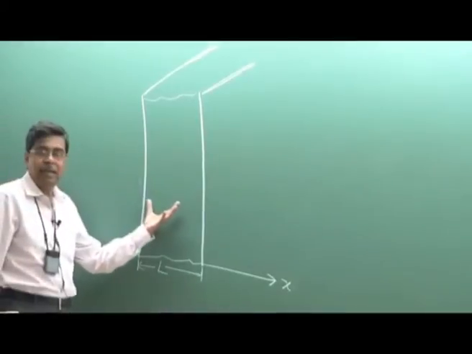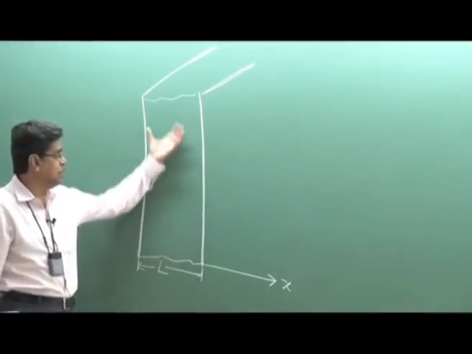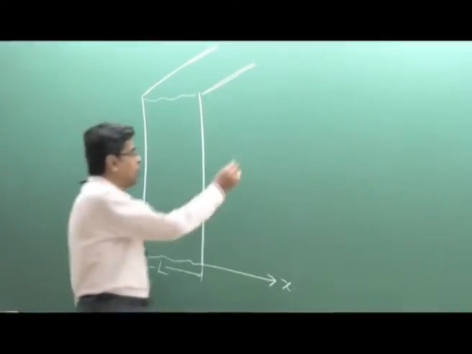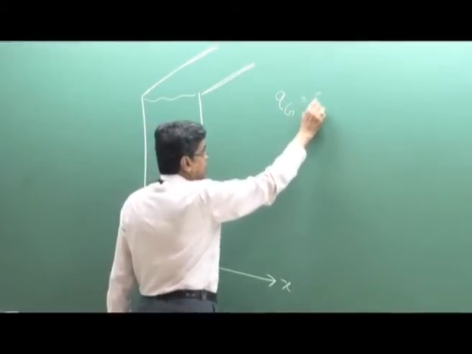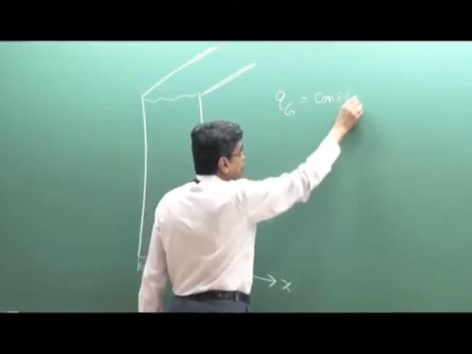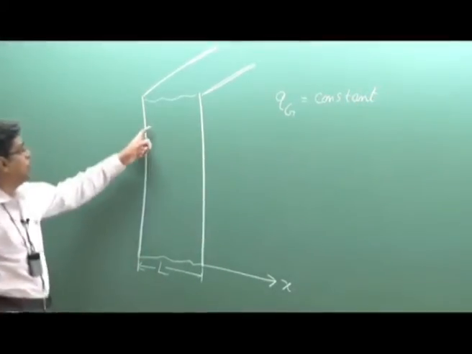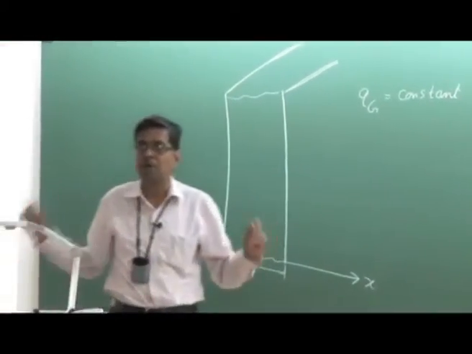There is a heat generation, or thermal energy generation, within this wall, this solid material. The volumetric heat generation, Qg, is constant, that means a uniform rate of thermal energy generation per unit volume. Point to point, the generation per unit volume is constant.